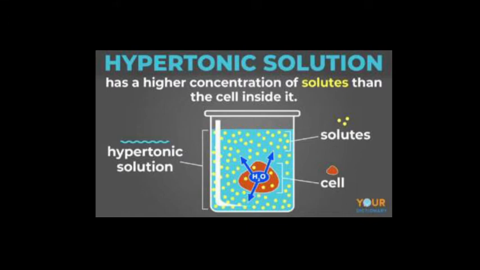Okay, now next we have to talk about the cell wall in plants. Okay, what is the cell wall? It means plant cells are different from animal cells. If you talk about cells, a plant cell is always different from animal cells due to the presence of a cell wall.